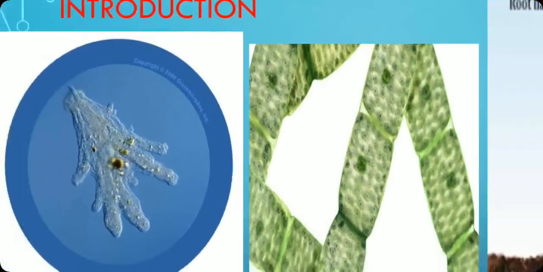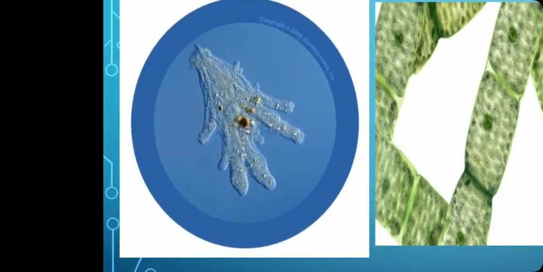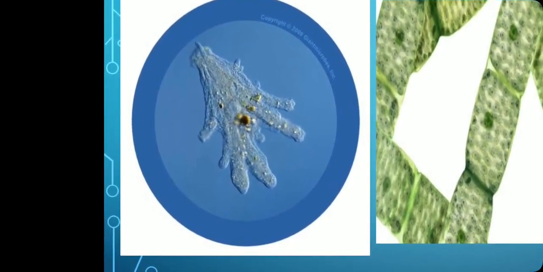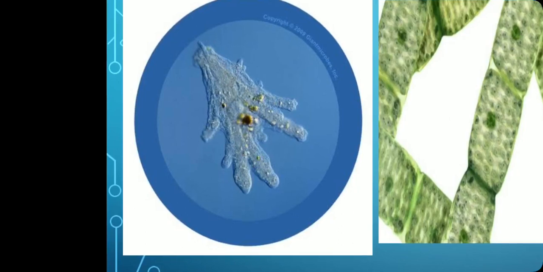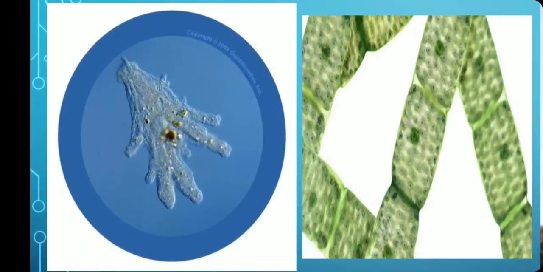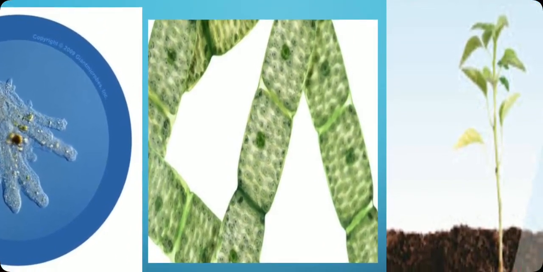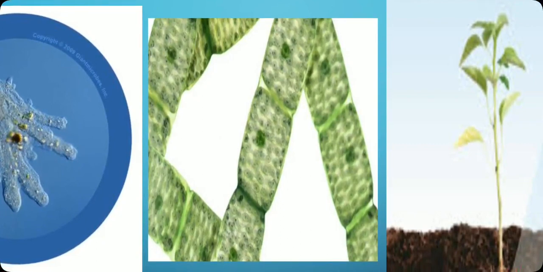Take a smaller organism, like this amoeba, which is a unicellular organism. It is very easy: the water just diffuses into the body surface, and by diffusion the water enters the body and then exits. So movement of water is very simple in a unicellular organism or a few-celled organism, like here it is Spirogyra.